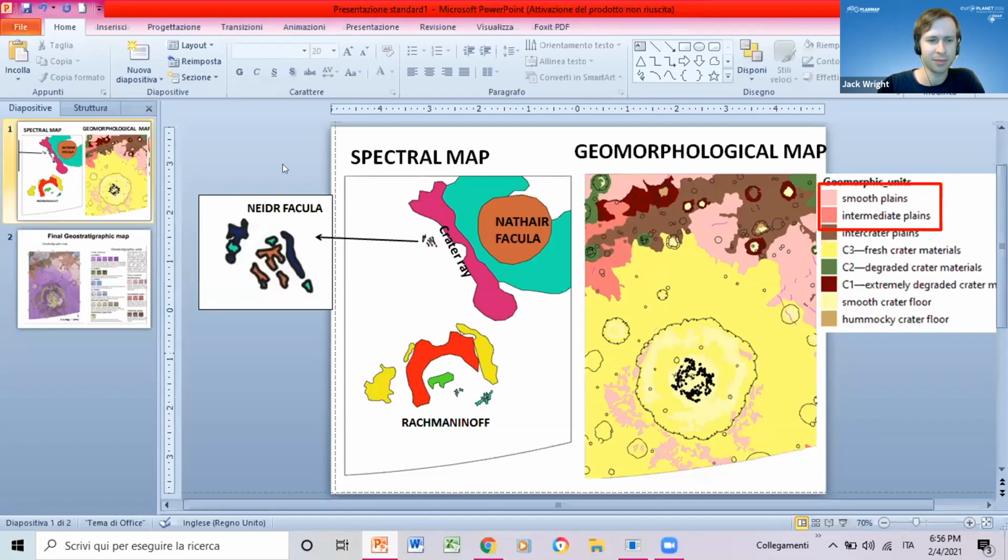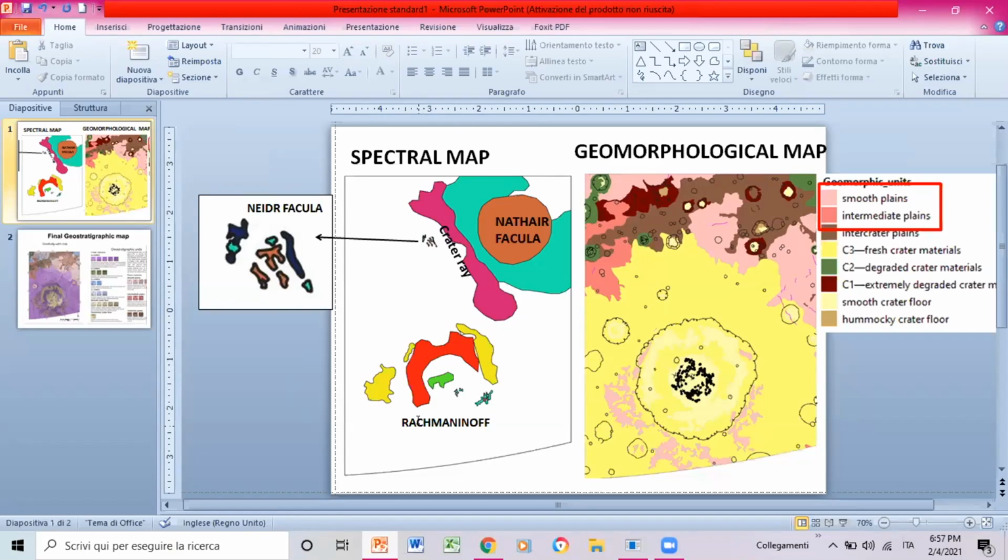Okay, so my map is not as beautiful as all of yours, but whatever. We just started by drawing the spectral map, the spectral contacts, and here we can see different zones defined by different spectral data.